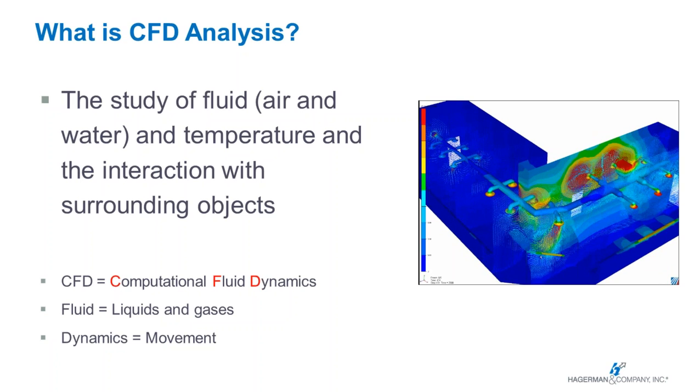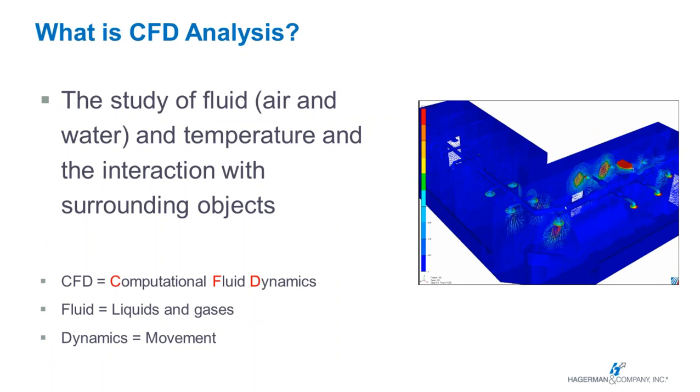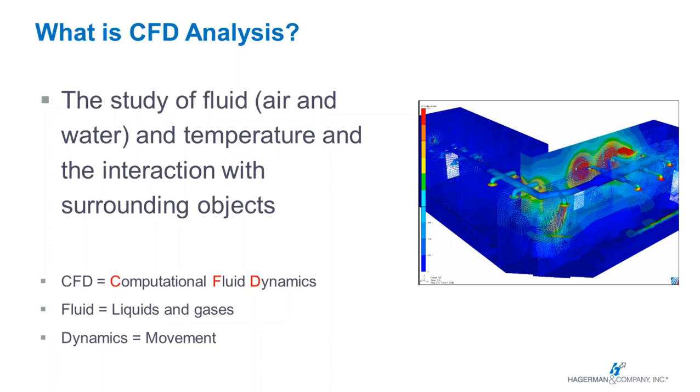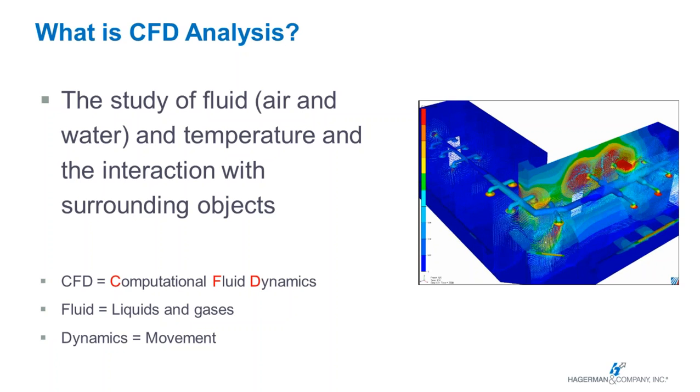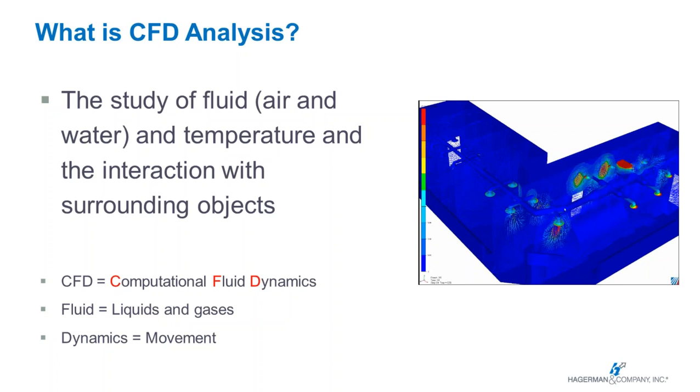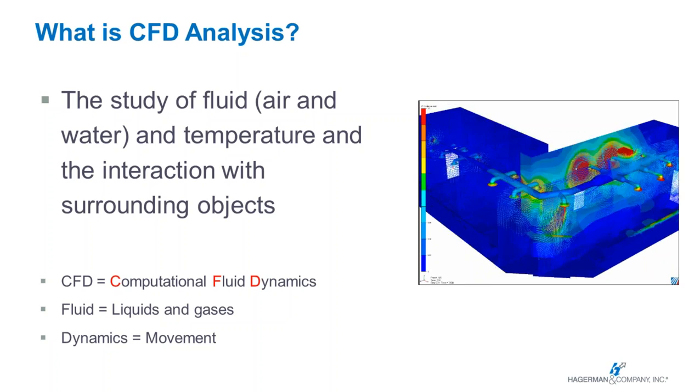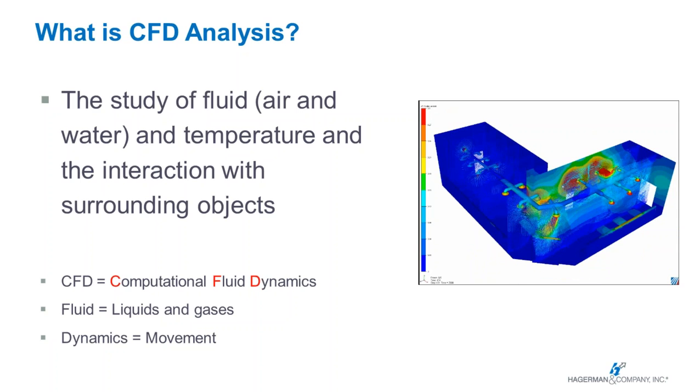Another way of thinking about CFD is color for dummies, and not to be disparaging in any way, using the phrase sort of analogous to Excel for dummies. But as we'll see over the next few slides, we're going to see lots of color charts, and those colors mean something.